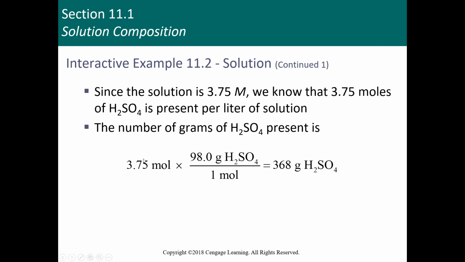And so 3.75 moles, which we figured out here, times the molar mass that we get off the periodic table for H2SO4. And so we just add these from the periodic table to give us our molar mass. Again, grams needs to be on top, moles needs to be on the bottom because moles must cancel out. And that leaves us with 368 grams of H2SO4 in our solution if it was 1 liter.